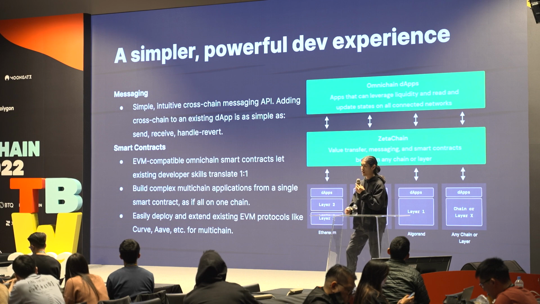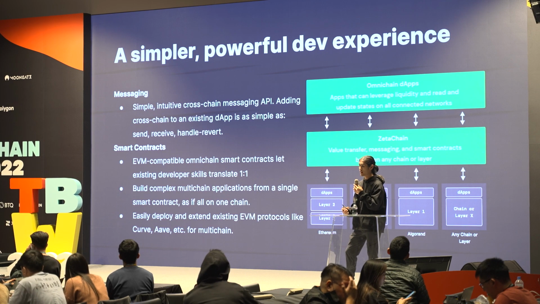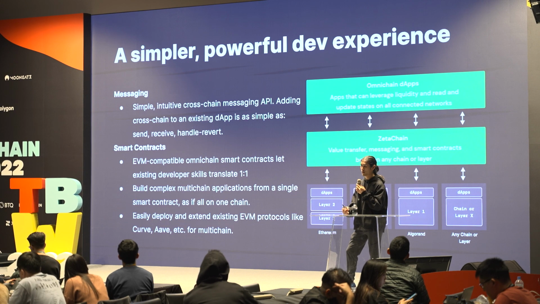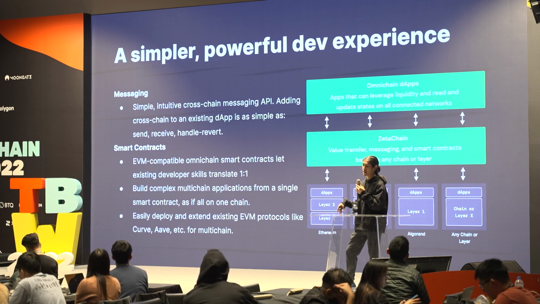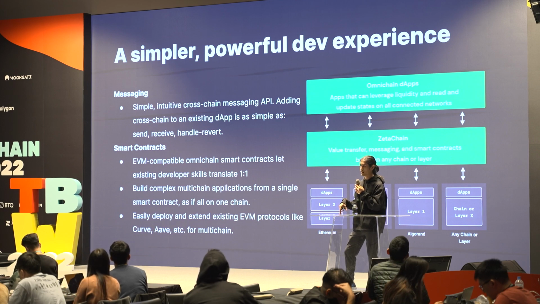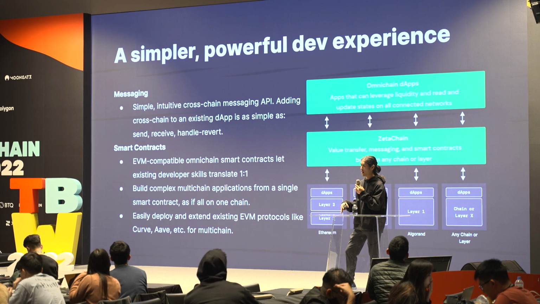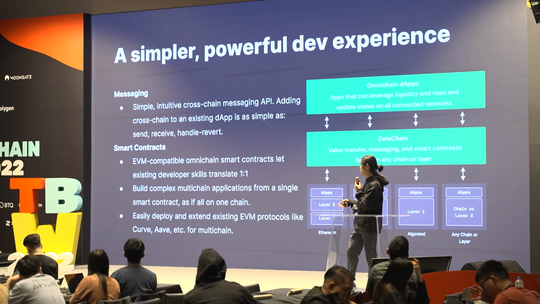But when you want to do something that is really state heavy, like say a lending application, that can get pretty complex when you want to support 3 or more chains. So Omnichain Smart Contracts are the flip side, where you can keep all that logic in a single place. Your contract can custody and manage those assets, trade them, integrate them with other chains, as if they were all on one chain, really.